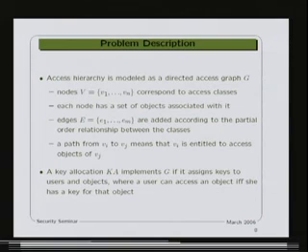So there are going to be n classes in the hierarchy. Each node has a set of objects associated with this class, and they're all disjoint sets. And edges are inserted into this data structure according to the relationship between those classes. We'll just call those edges E1 through EM.